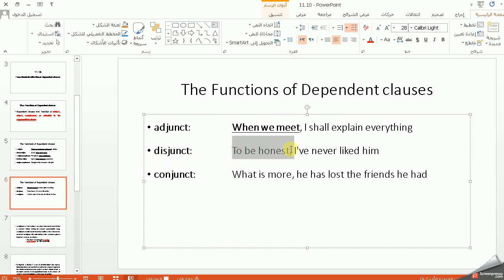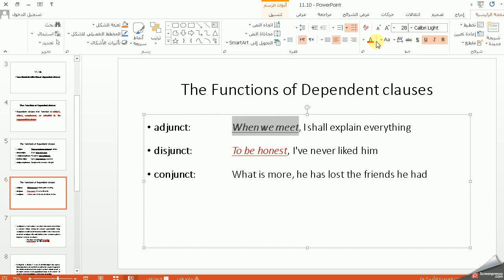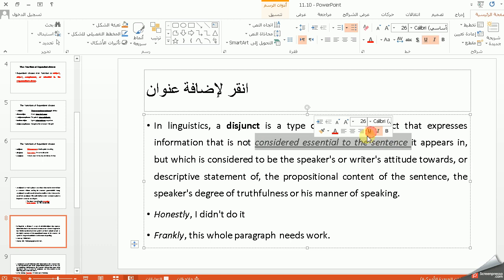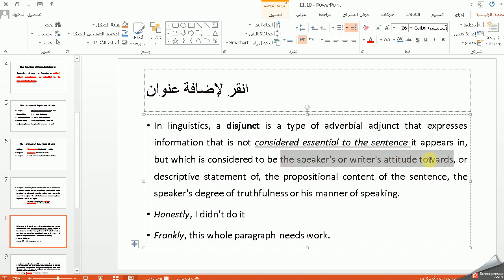Disjunct is this: to be honest, I have never liked him. If we remove this part, to be honest, I have never liked him. To remind you of the meaning, a disjunct is a type of adverbial adjunct that expresses information that is not considered essential to the sentence it appears in, but which is considered to be the speaker's or writer's attitude or descriptive statement.